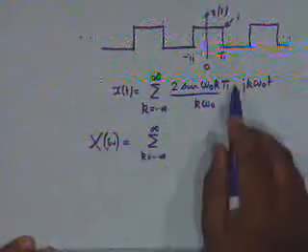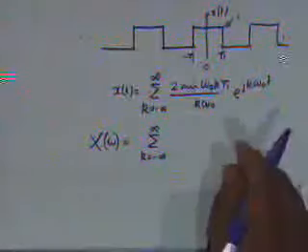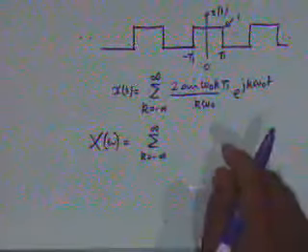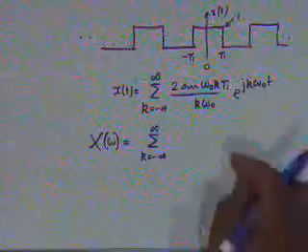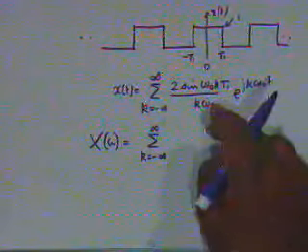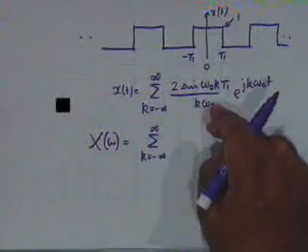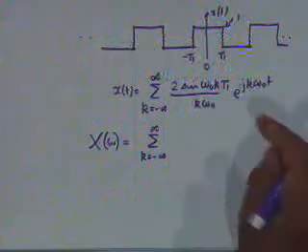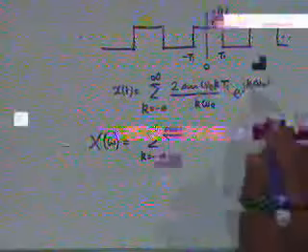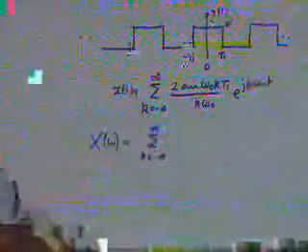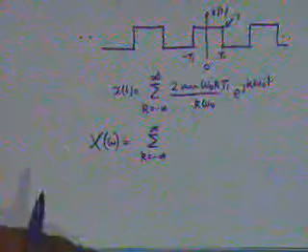Its Fourier transform shall be simply summation k equal to minus infinity to infinity; a_k shall remain the same, I'll have to multiply by 2 pi. Have I written this correctly? The value of a_k... No, that's not right. Let me check.